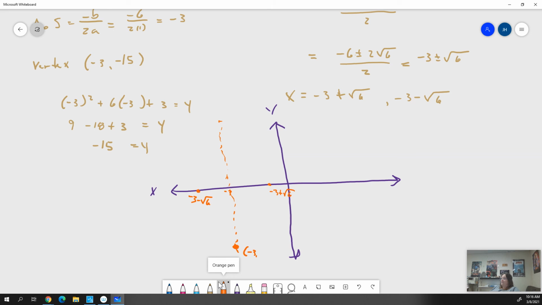All we need to know is that it's negative 3, negative 15. Don't need to be super accurate. Then I can connect my points. That is all I have to do, right? Use the quadratic formula to solve. Find your axis of symmetry and your vertex. Plug in those 3 points onto a graph and connect them, right?